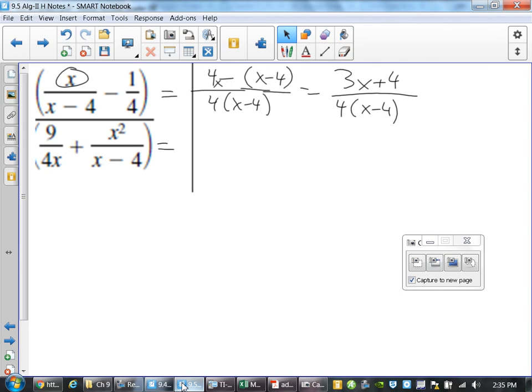Common denominator here is going to be 4x times the x minus 4. This one needed to be x minus 4. This one needed the 4x. Distribute out your numerator.